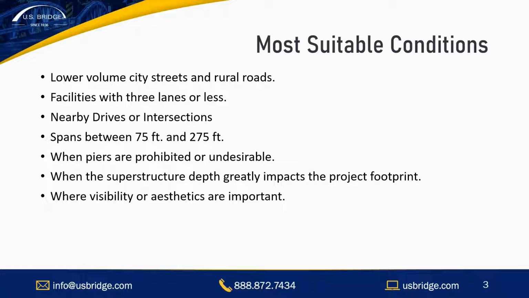When piers are prohibitive or undesirable, that might be a cause for considering an alternate that's a steel truss bridge. When superstructure greatly impacts the project footprint, when the depth of the superstructure is getting deeper and deeper and causing impacts to your project footprint, steel truss bridges might be a very good alternative to look at.